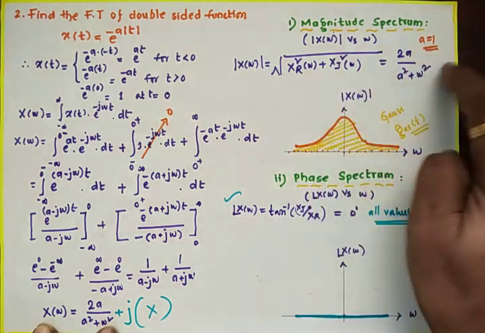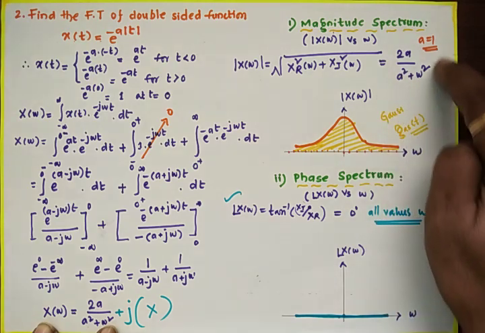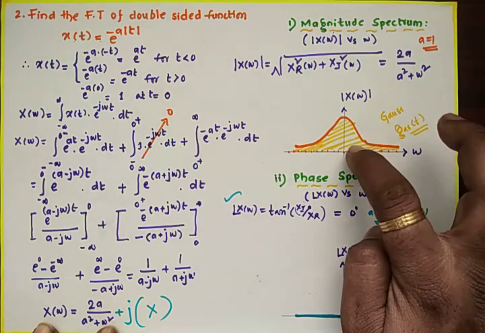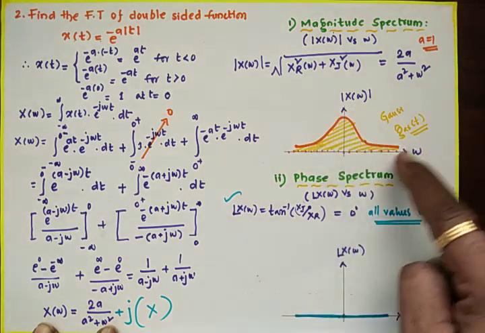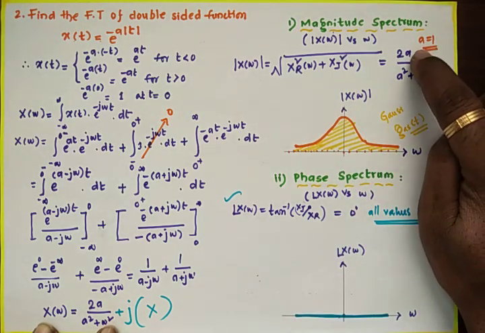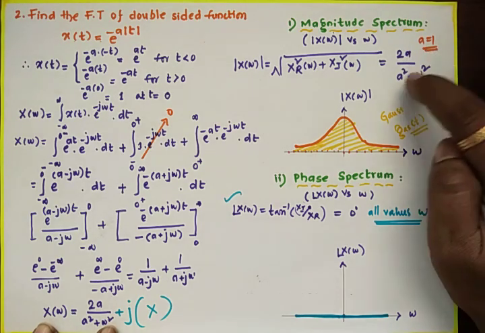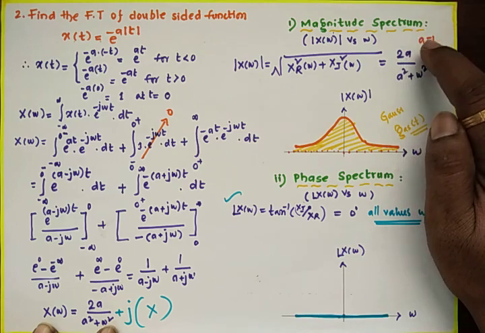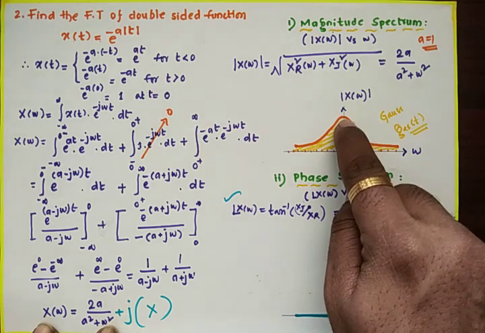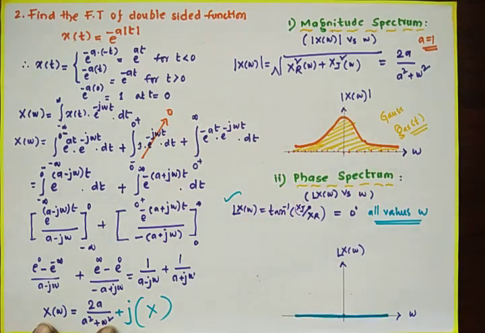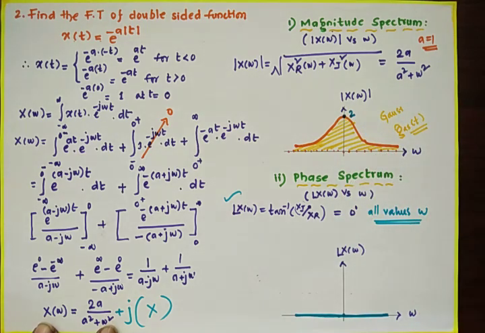So it is the magnitude at all the values of omega. Substitute various values of omega and you will get the answer. For example, substitute a equals 1 and omega equals 0: 2 into 1, that is 2 by 1, which means the maximum amplitude I can get is 2.